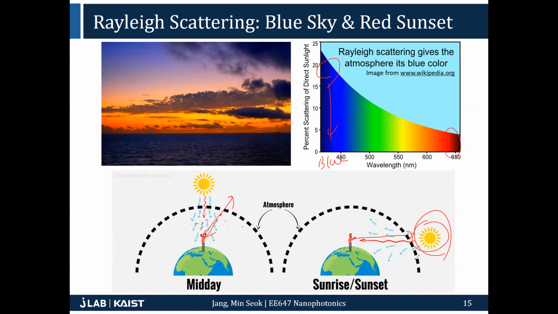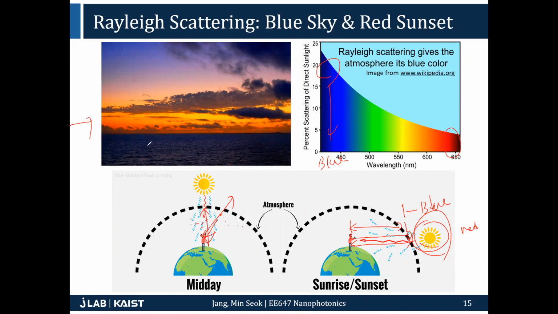So you're basically seeing 1 minus blue in this case. Also, the depth of the atmospheric layer is much longer than in the midday case, so most of the blue light is scattered off, and what you can actually see is red, 1 minus blue. Okay, so that's why the sky is blue and the sunset is red.